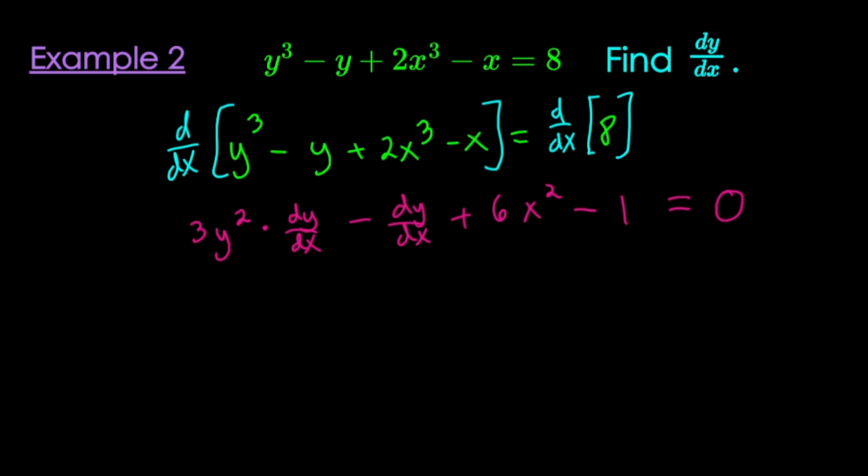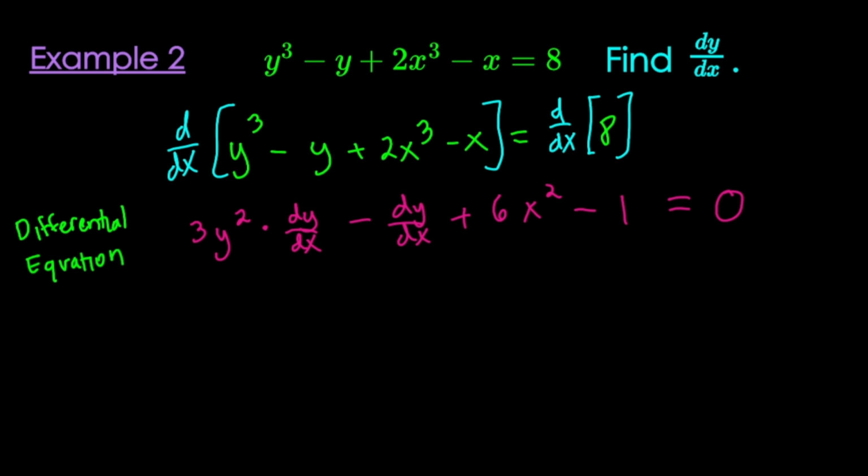You can take the derivative with respect to x, y, q, any letter. The derivative of 8 will always be 0. So this new line that we got is called a differential equation. It's called a differential equation because it has differentials in it. The dy dx appears as part of the calculation.